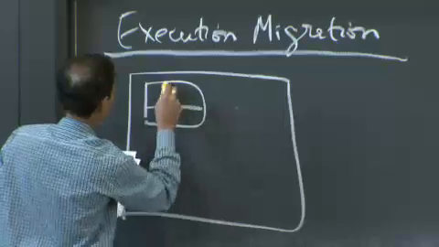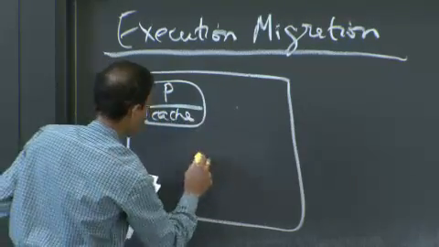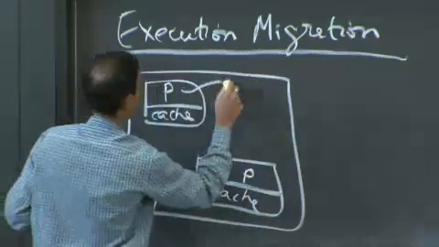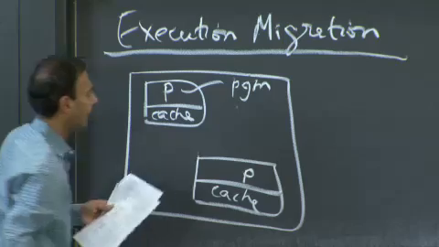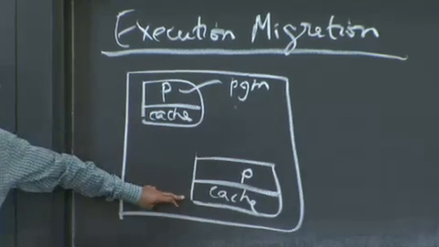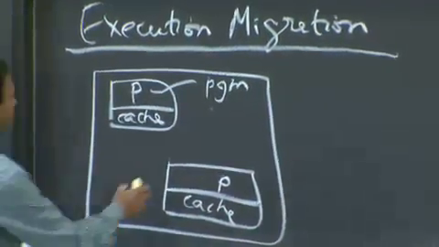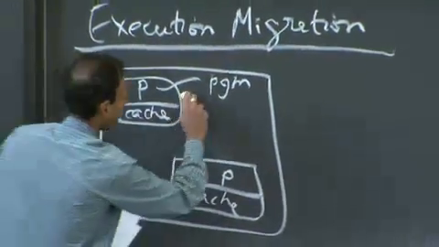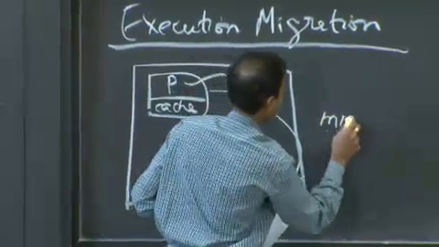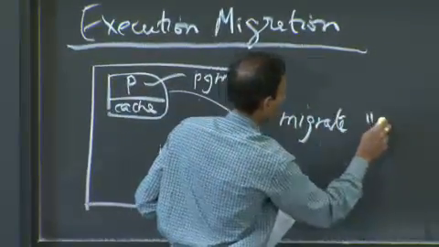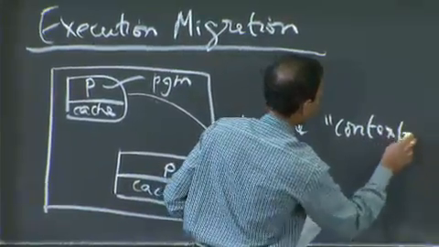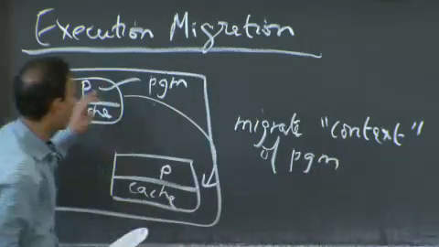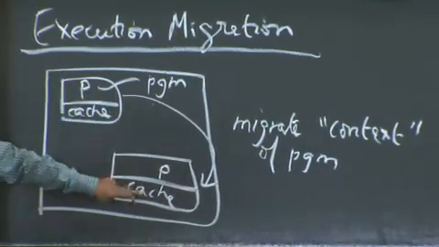Suppose I have a processor running a particular program out here, and if this program wanted to access a remote memory, then rather than doing what I just showed you there, send a message, get the data back, you can imagine that you could migrate the program itself. In particular, you think of it as migrating the context of the program from this processor to this one.